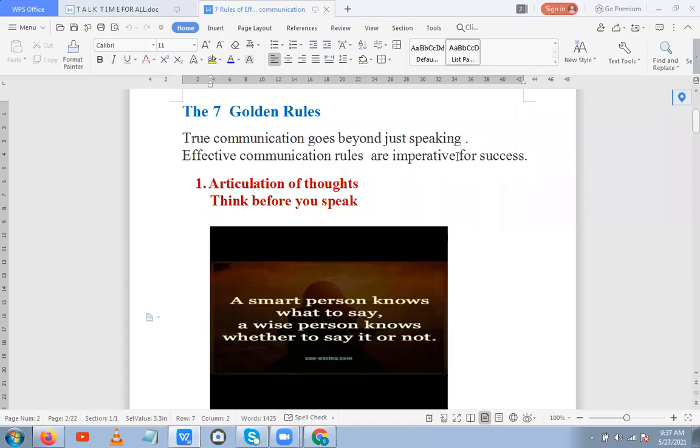There is one quote against each rule. You can take down the quotes. It can help you to make presentations. The first golden rule is articulation of thoughts. It means think before you speak. Thoughts are important.